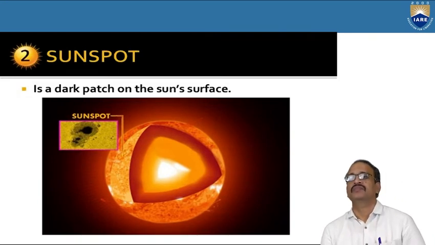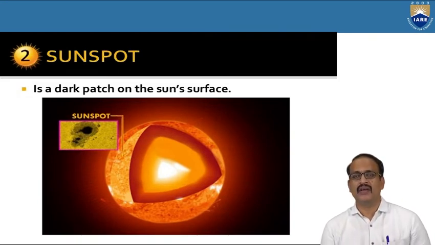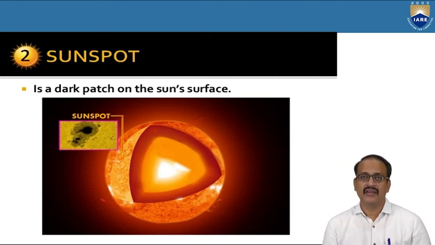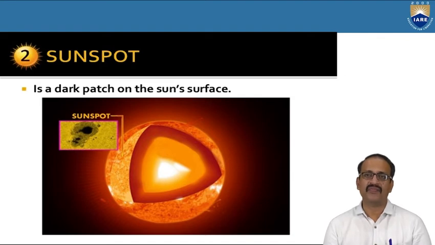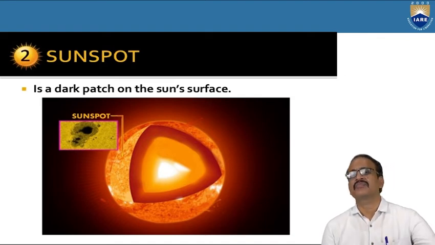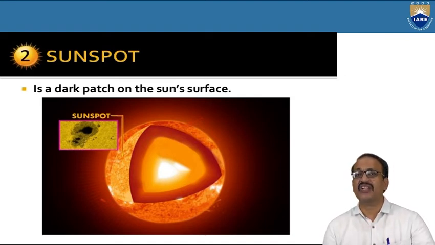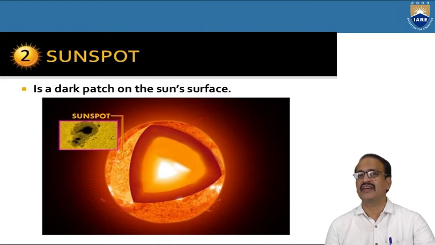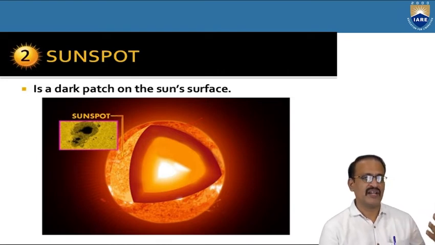Sunspots. Sometimes we will find sunspots if you observe with a camera, because of the electromagnetic activity and solar cyclones. Based on these things, they show the sun's electromagnetic field.